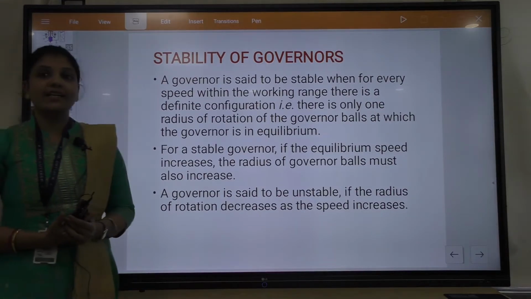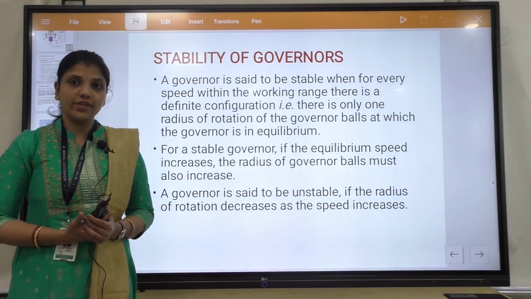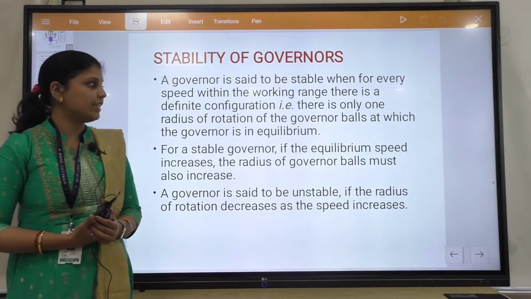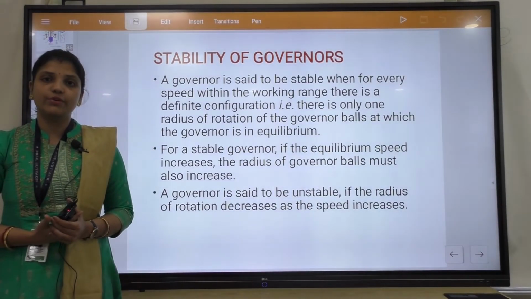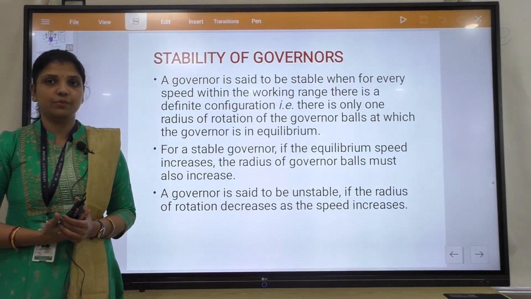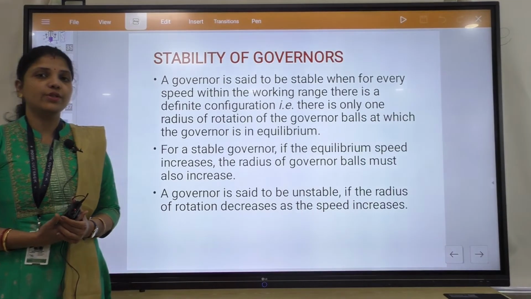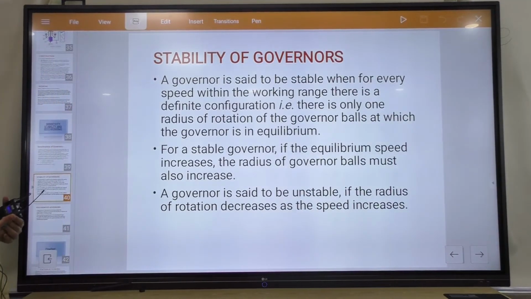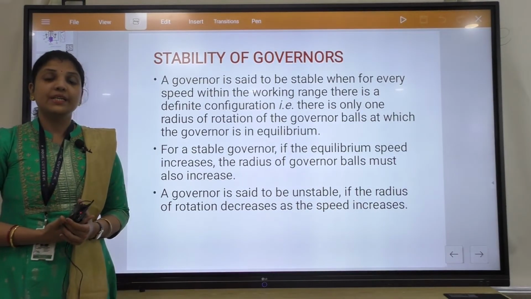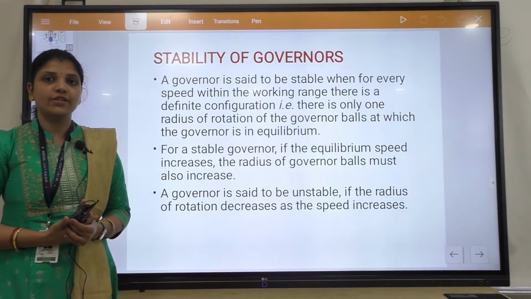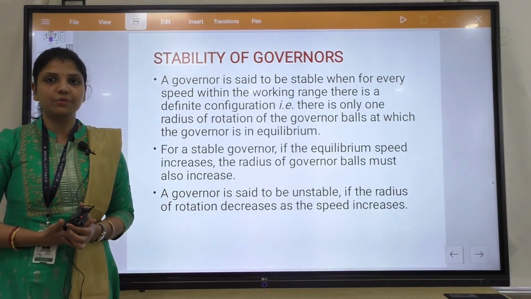That means there is only one radius of rotation for which the governor is in equilibrium. So, in case of a stable governor, when the radius of rotation is increasing, the equilibrium speed also increases. But in case of unstable governor, the radius of rotation decreases with decrease in the equilibrium speed.